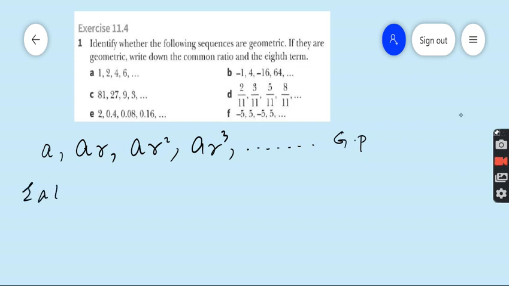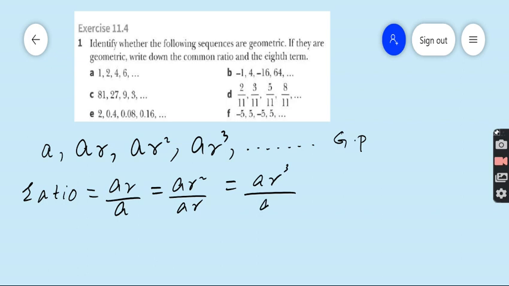How to find the ratio? Divide each following number by its preceding. ar square upon ar, ar cube upon ar square.